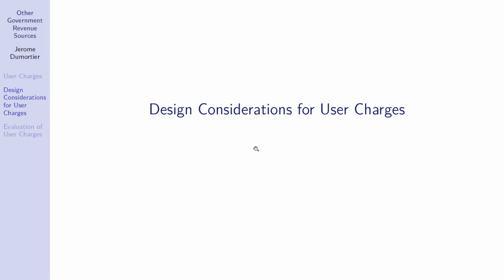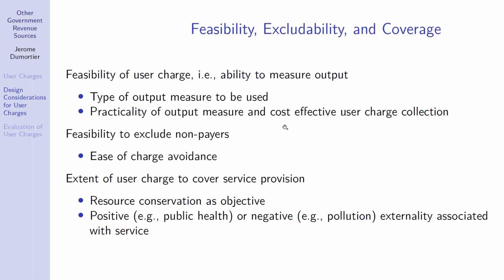Now, here are some design considerations for user charges, and some of them we have talked about before. You have to be able to measure the output, in the sense that there has to be a practical measure of how you measure the service delivery.